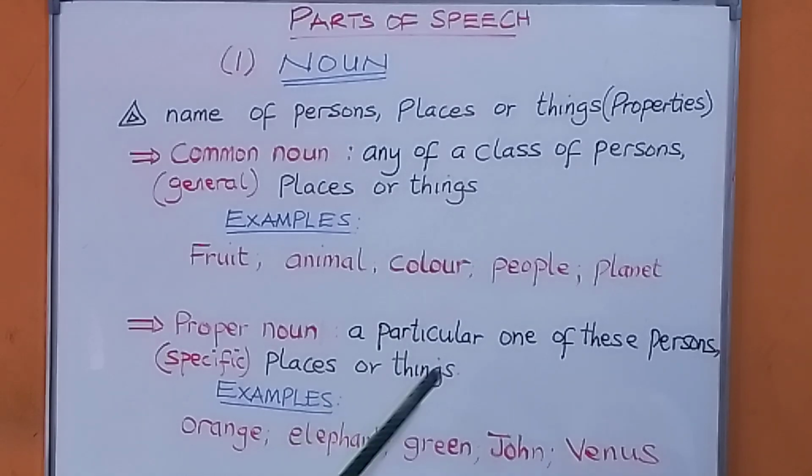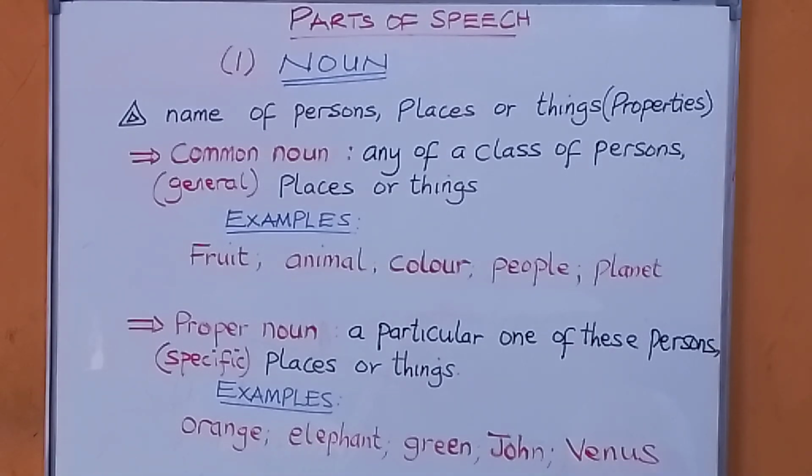Let's say fruit. A particular name we can choose in fruit, let's say orange, mango. That's a proper noun, specific or particular.